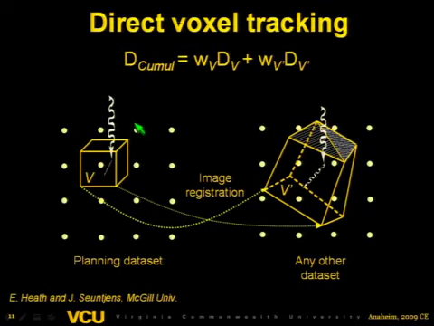So, in order to accommodate this aspect, Emily Heath and Jan Junsen from McGill University have proposed what they call the direct voxel tracking method. So, first of all, in order to be able to pursue this approach, they needed a Monte Carlo-based dose calculation algorithm.